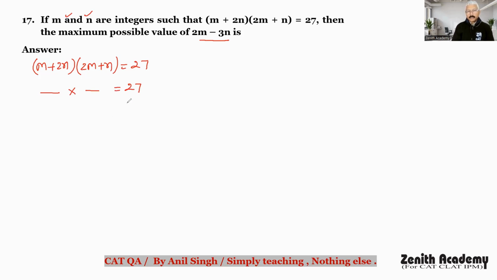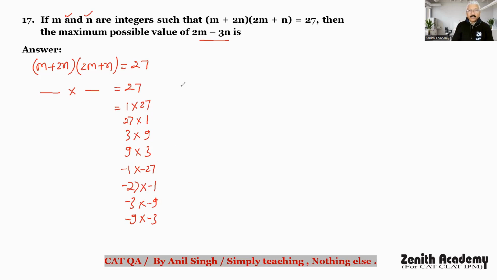So let us write 27 as a product of two integers: 1 into 27, 27 into 1, or 3 into 9, or 9 into 3, and also negatives: minus 1 into minus 27, minus 27 into minus 1, minus 3 into minus 9, minus 9 into minus 3.